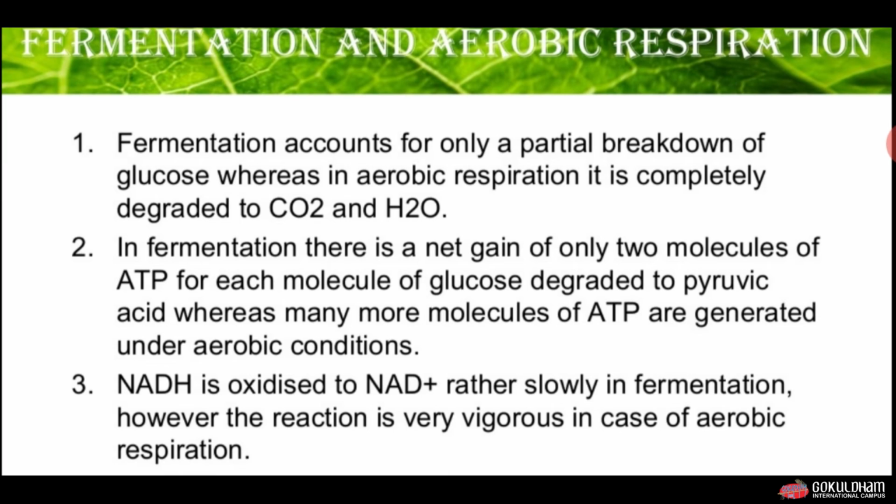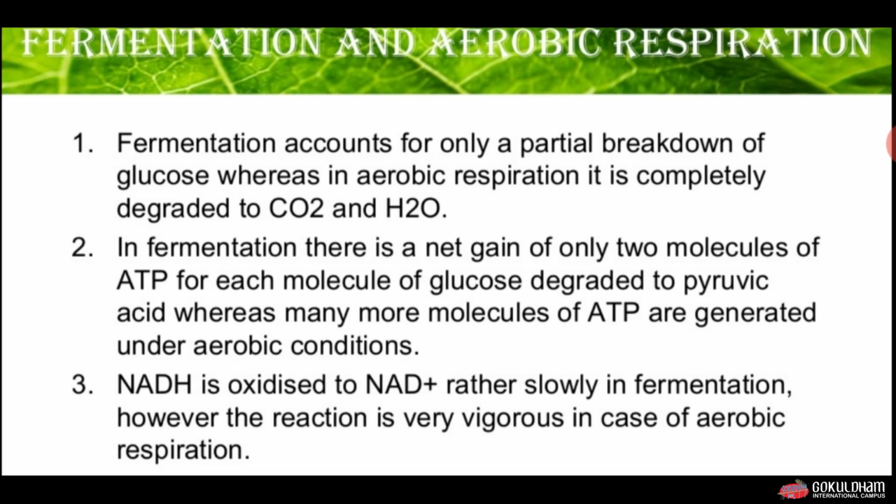It means in fermentation only 2 ATP molecules are produced from one glucose, and in aerobic respiration it produces at least 36 molecules of ATP. So you can compare between these conditions.